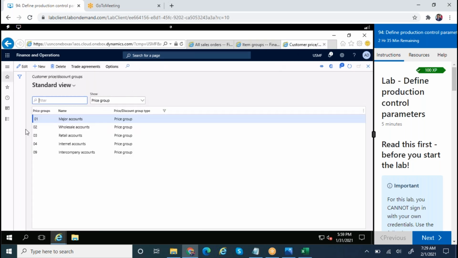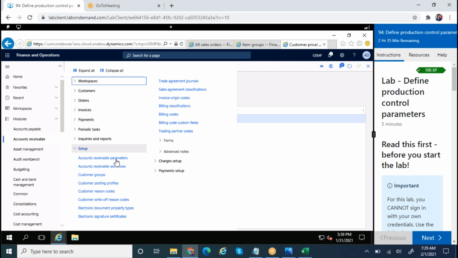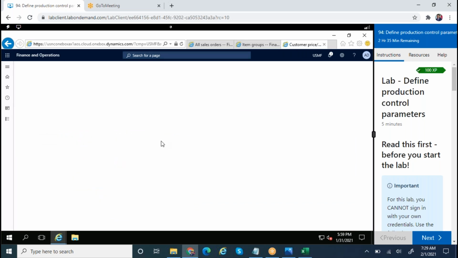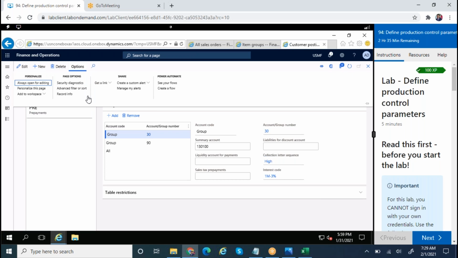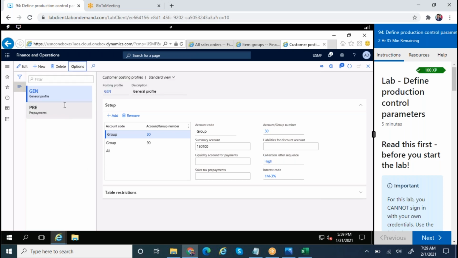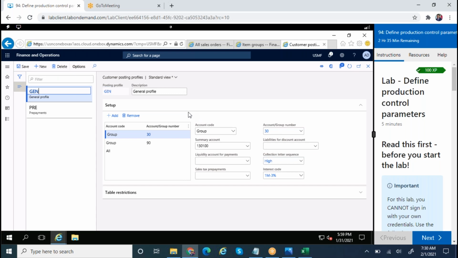In the same manner, if I go to the customer posting profiles, accounts receivable, customer posting profiles, in this you can have... one second.